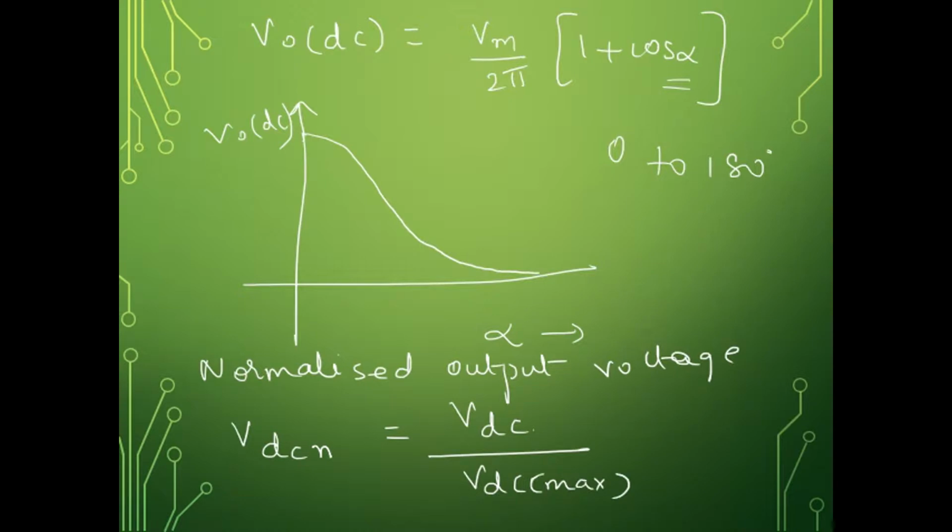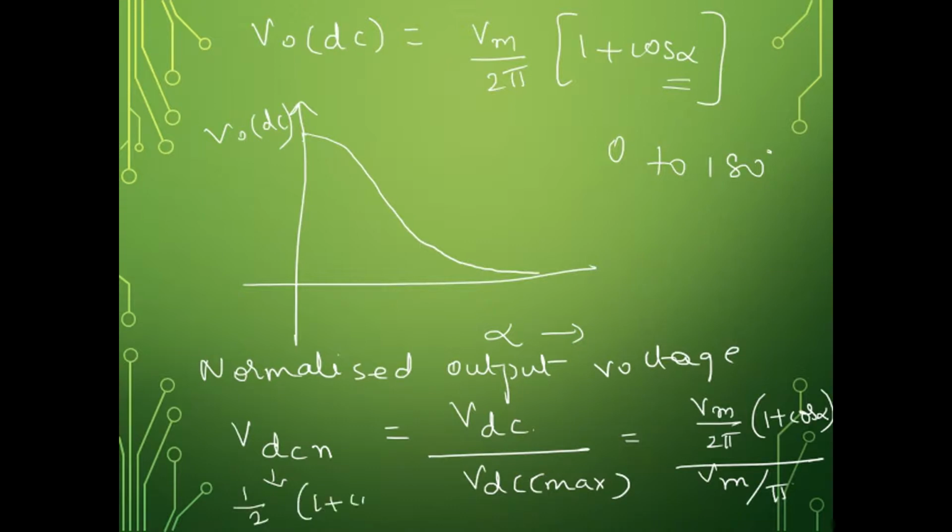VDC we know is Vm by 2 pi into 1 plus cos alpha, divided by Vm by pi. So what remains? The normalized voltage is half into 1 plus cos alpha.